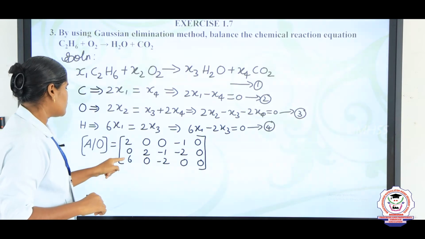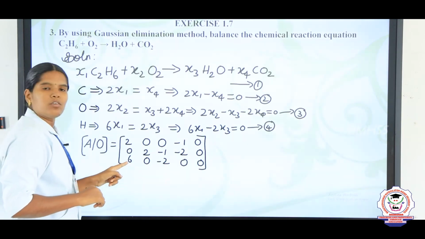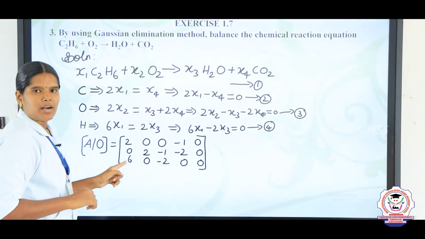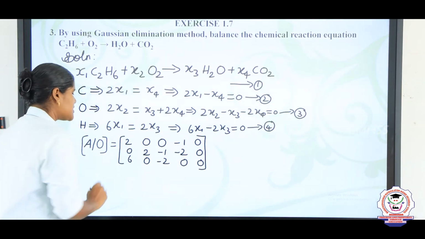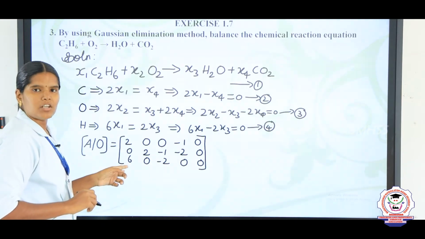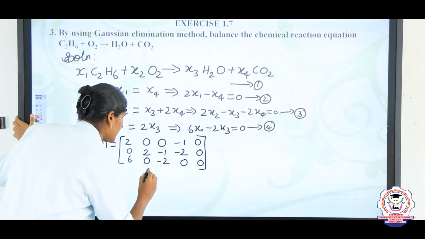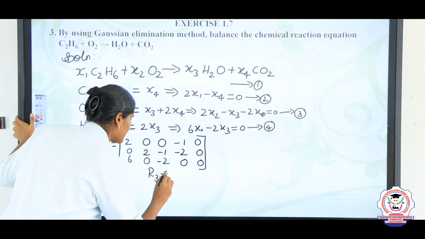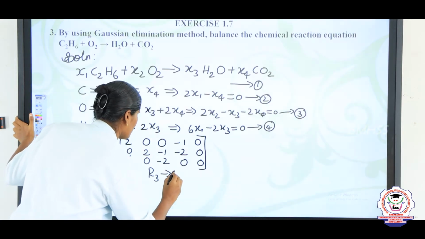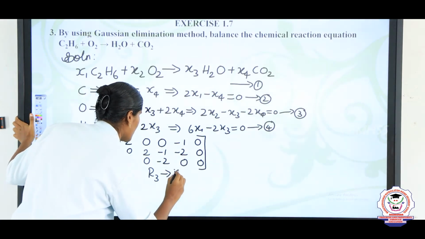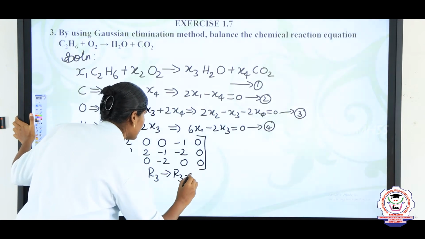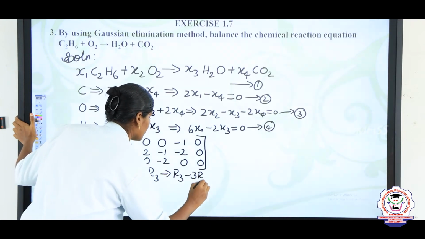So first I am going to take this value, that is A31. This is 6. Now I am going to make 0 in this position. So I am going to take R3 implies R3 minus 3R1.